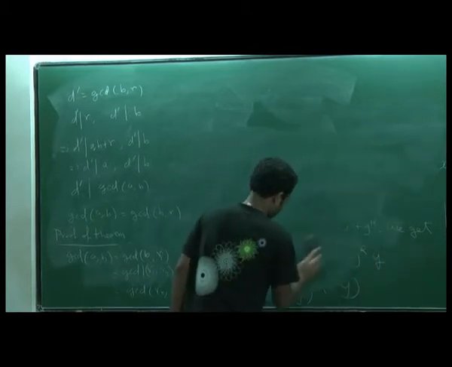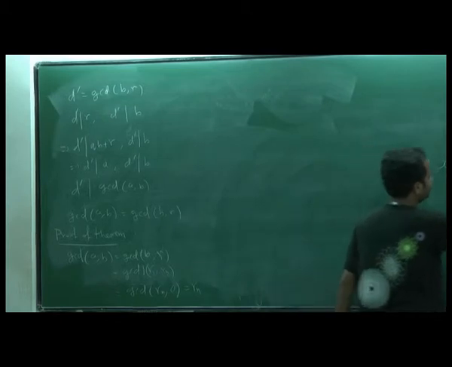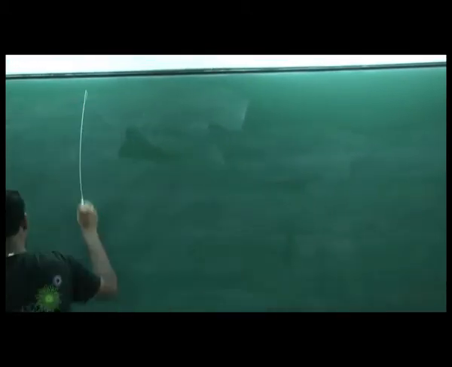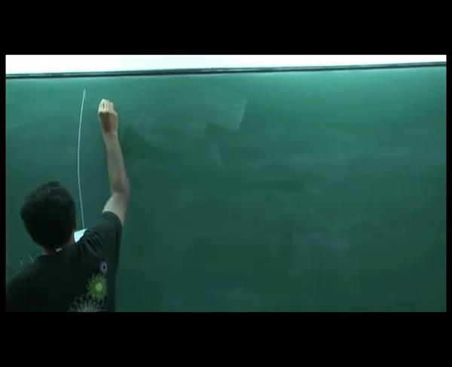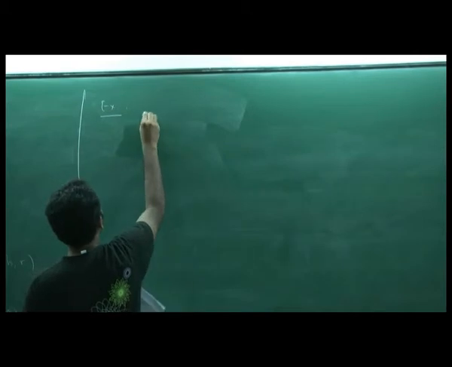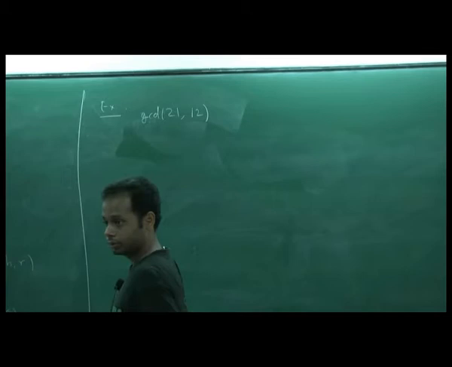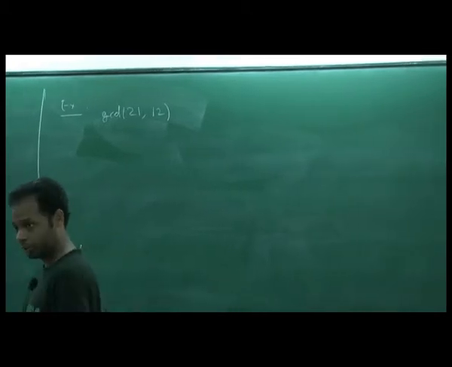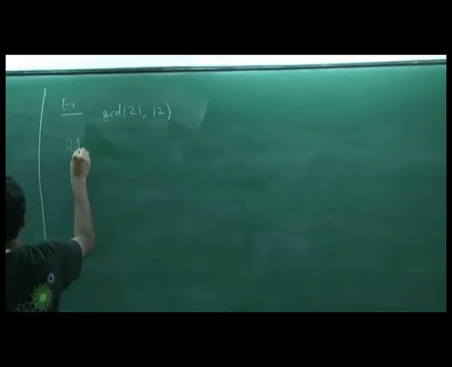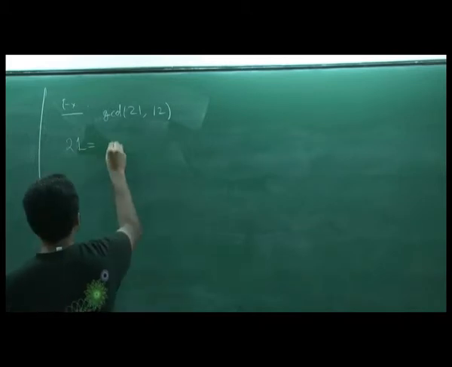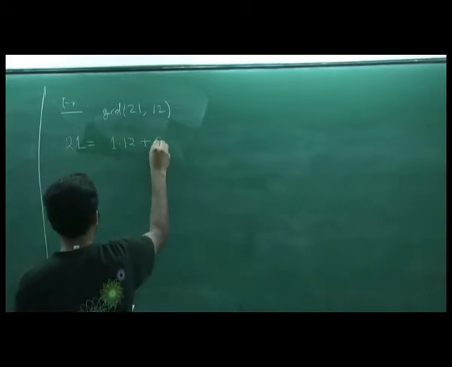Now we'll do an example, and we'll conclude some more things, and we'll do a problem. Okay, so example. Suppose you want to find GCD of 21 and 12. It is 3, but we will do it in Euclid's algorithm. 21 equals 1 times 12 plus 9.